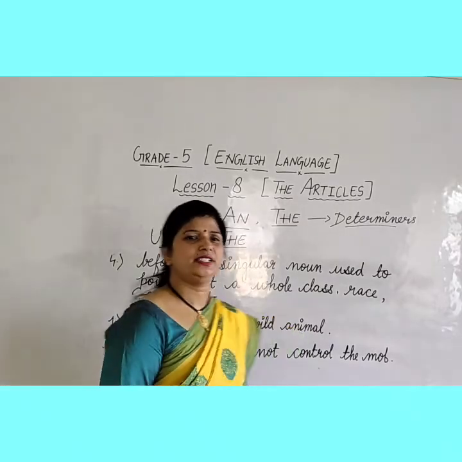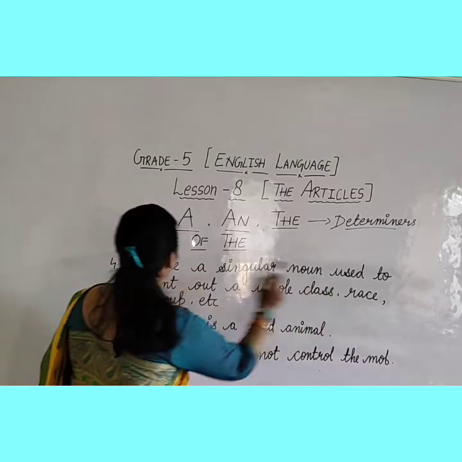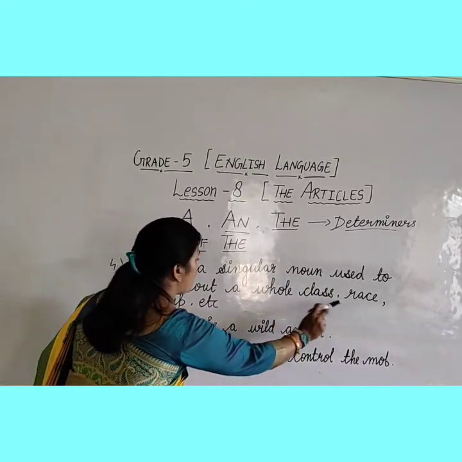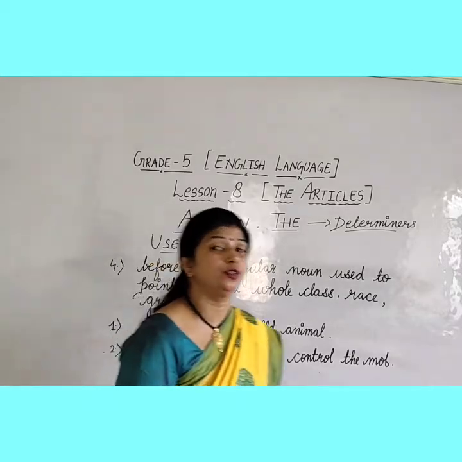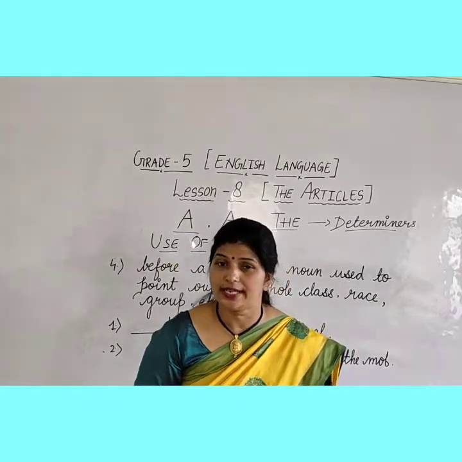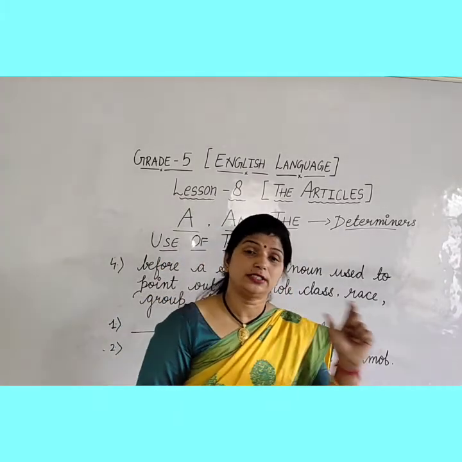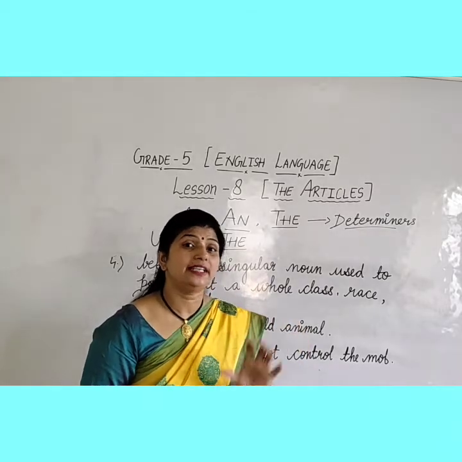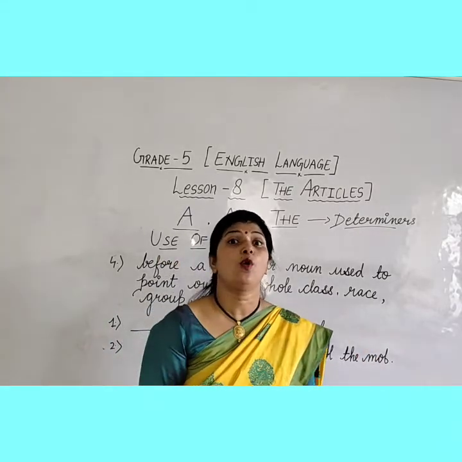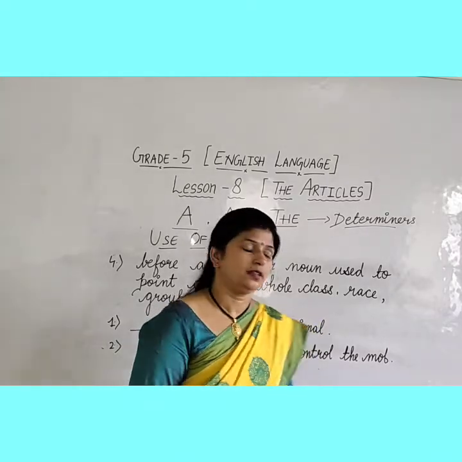My dear students, the 4th rule is before a singular noun used to point out a whole class, race, people or thing, then there also we use the. So my dear students, whenever we are talking, although it is a singular noun, वो singular noun होगा, but it is indicating the whole race, whole class of people, then there also we use the.